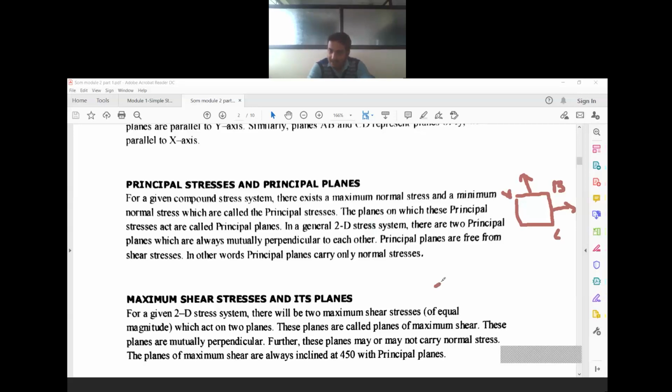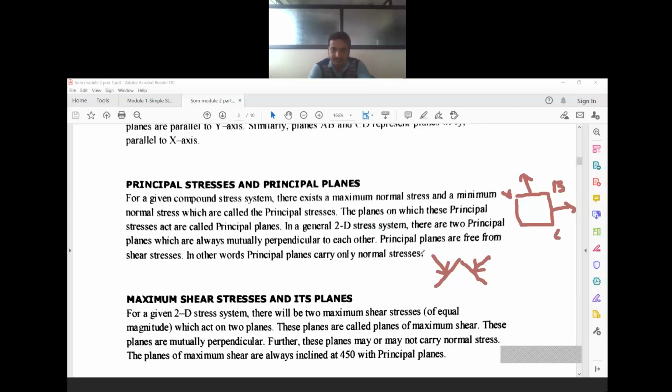So if we have a plane at this angle, normal forces in this direction will be the principal plane, and another principal plane will be in the perpendicular direction. So normal to this will be the principal force, principal axis, principal stresses.